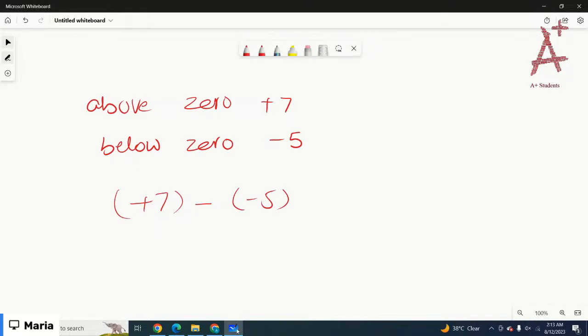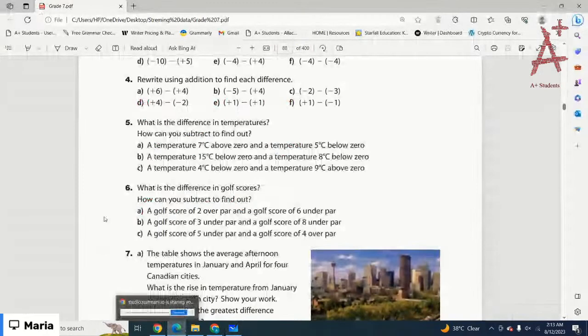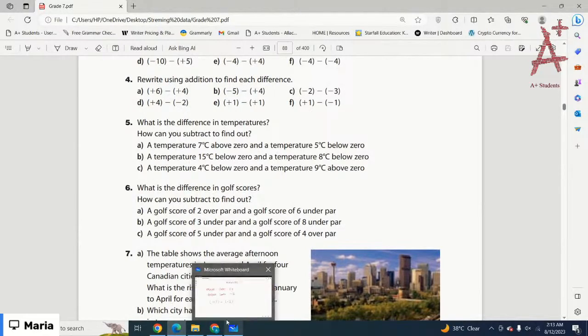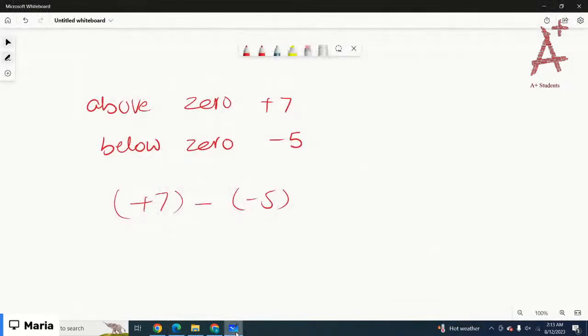Okay, the next one is the C part. A temperature 4 degrees C below 0 and temperature 9 degrees C above 0. Okay, 4 degrees C below 0, right?